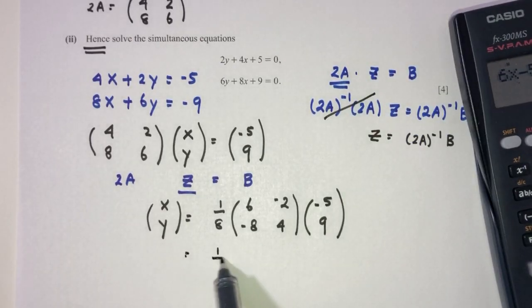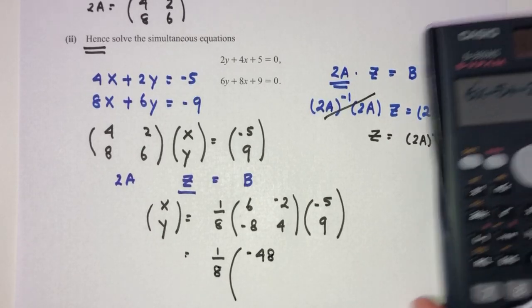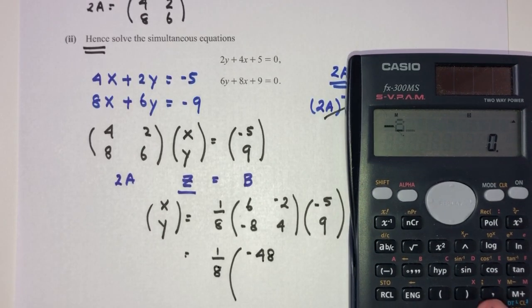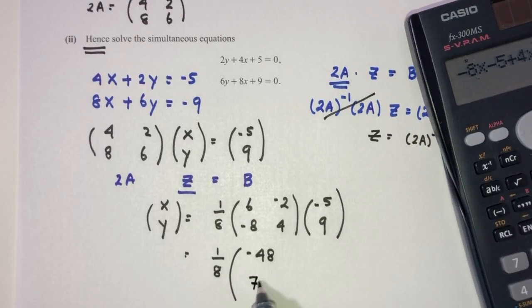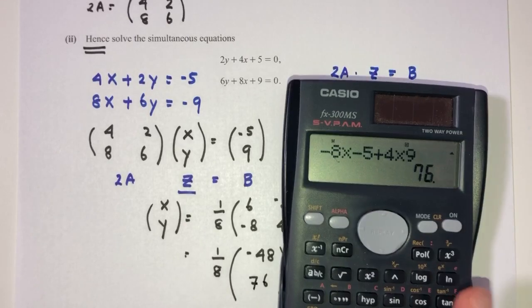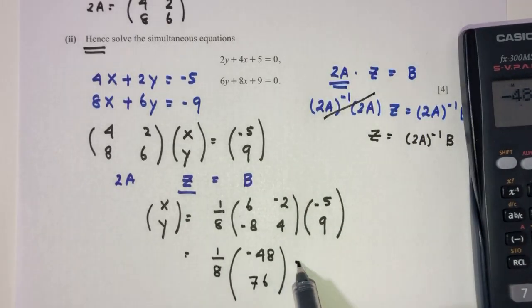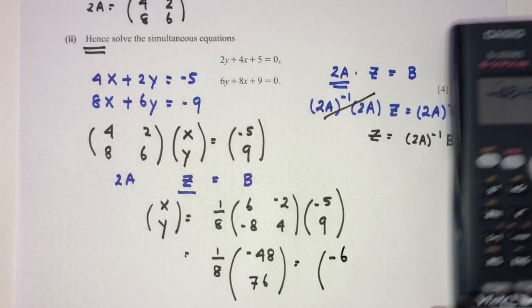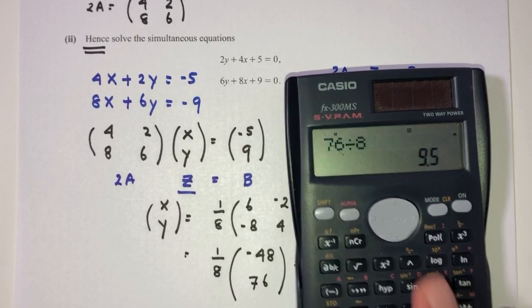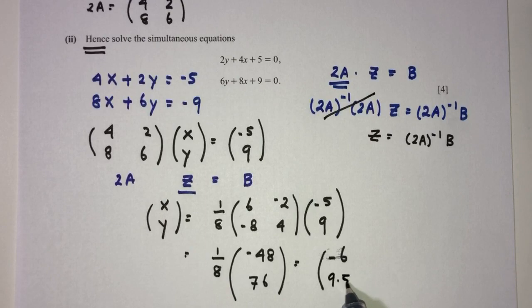So we have 1 over 8, the first value is minus 48. Again, rows by column, minus 8 times minus 5 plus 4 times 9. That will be 76. Divide by 8, so the first value minus 48 divided by 8 will be minus 6. And then 76 divided by 8, that will be 9.5.